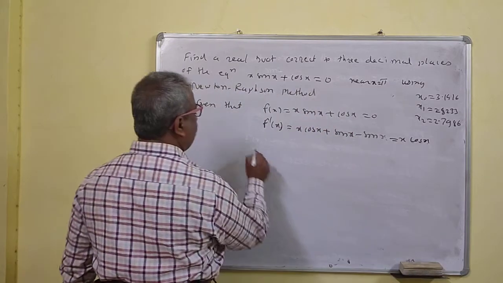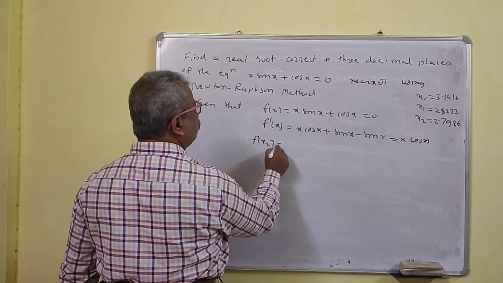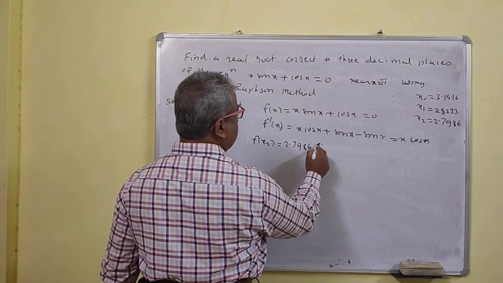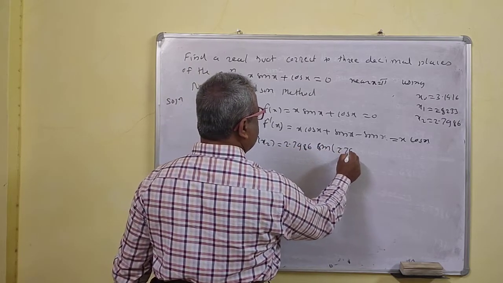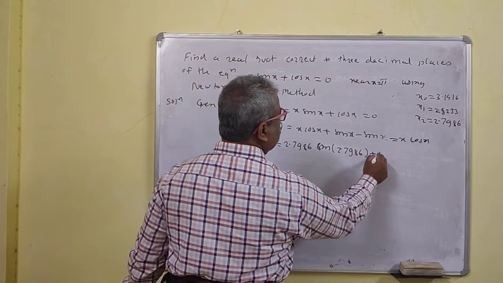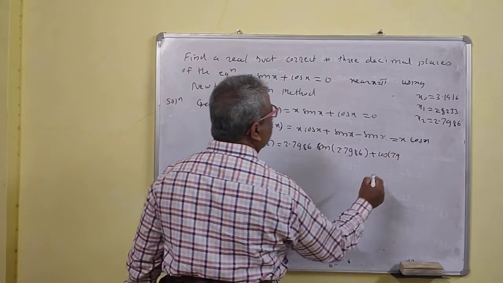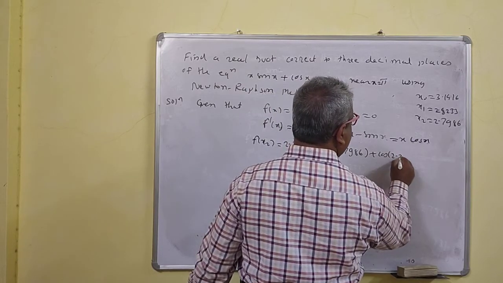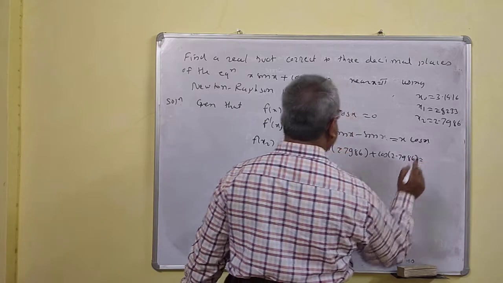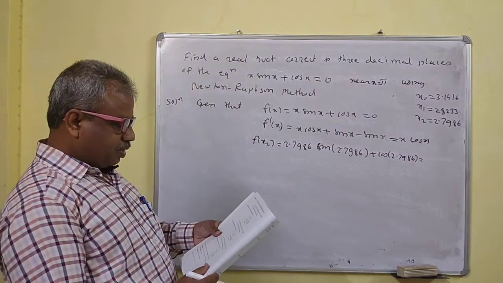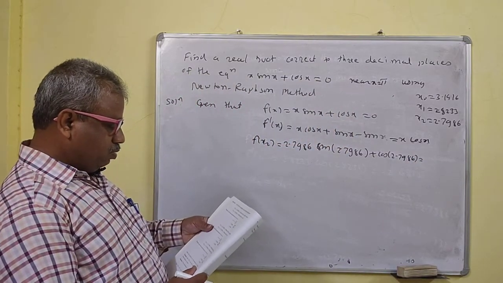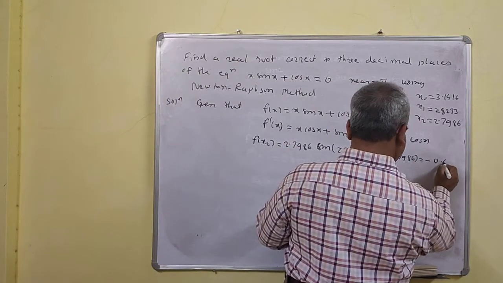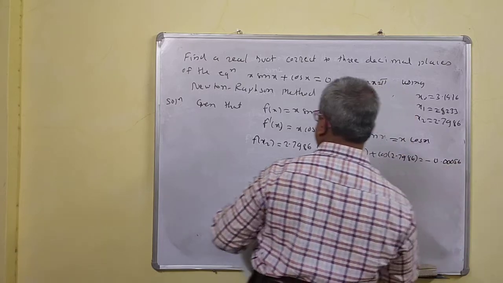Now you have to find f of x2. f of x2 is sine of 2.7986 plus cos of 2.7986, and this value will be minus 0.0056.